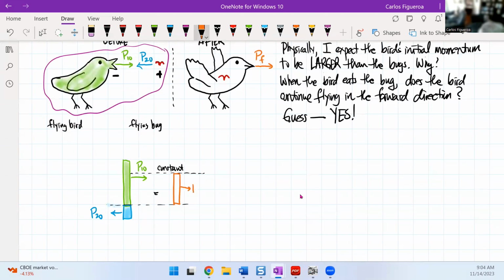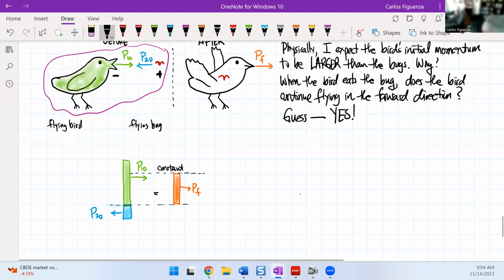This is the momentum of going forward right here. That's what I expect. We should calculate these numbers to find out and see if that's exactly what we expect. I would expect that the momentum of the bird afterwards is going to be lower than what it initially started with. So let's go calculate these.